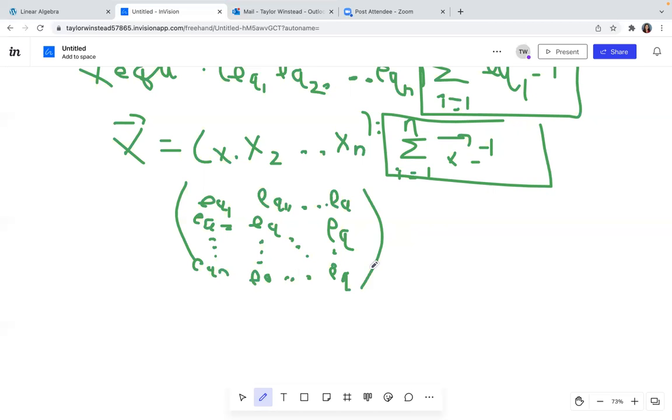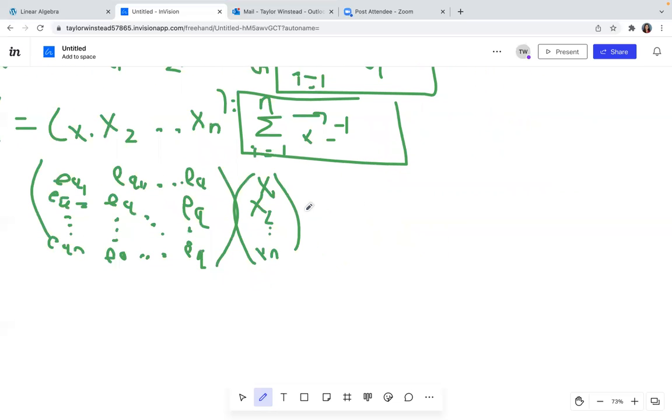Then we would have that multiplied times x1, x2, all the way up to xn. And if we multiply these two things together, what would we get? Well, let's write it in terms of sigma sums: the sum of EQ1 times x1, until they both equal n.